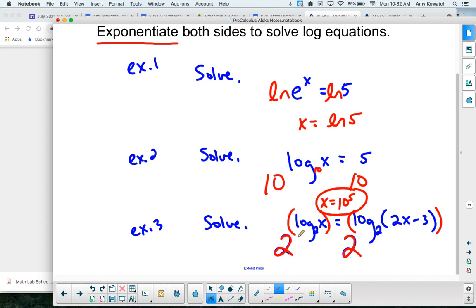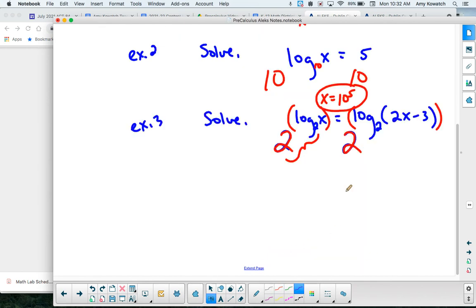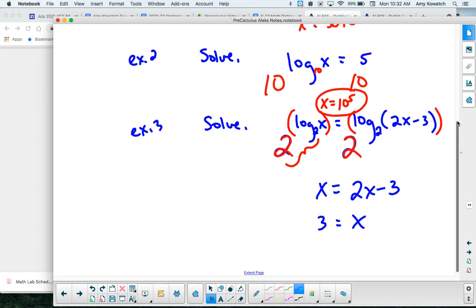And the base, the exponential, and the logarithm, these two will undo each other. Don't cancel, but they do undo each other, and you will be left with an x on this side, and on this side you'll be left with 2x minus 3. Okay, there's other ways to do these problems, but I think exponentiating is the most efficient.